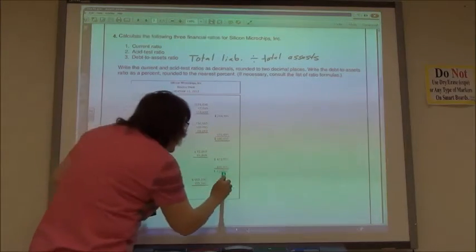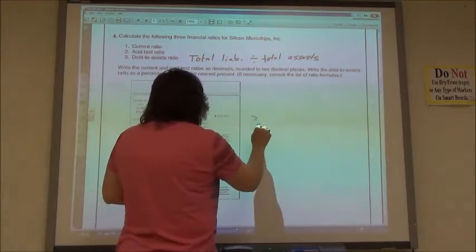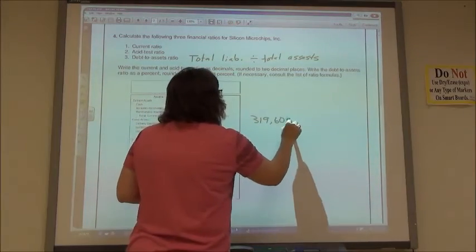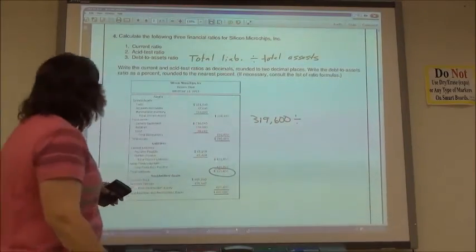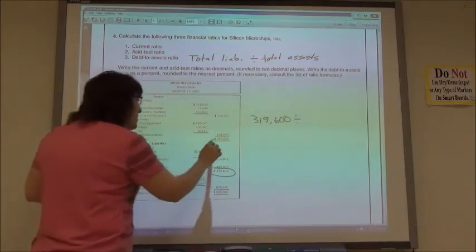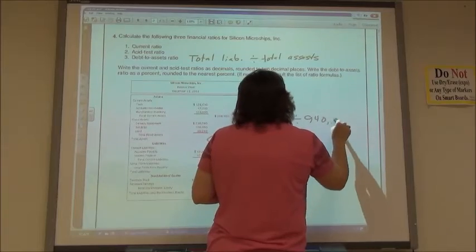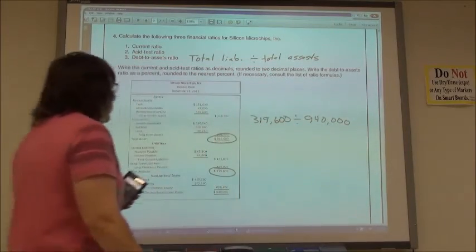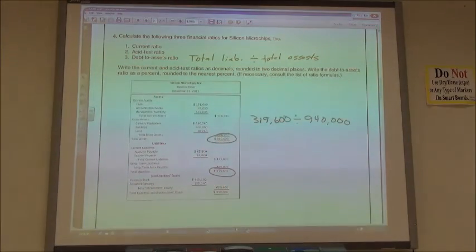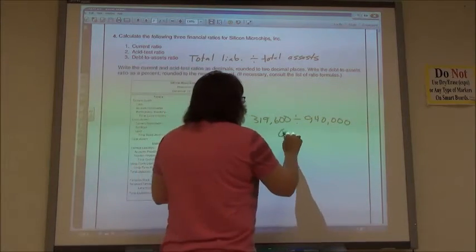So first of all I have to find my total liabilities. Total liabilities is right down here, 319,600. I'm going to divide that by my total assets, which is right there, 940,000. So I take 319,600 divided by 940,000, and I get 0.34.